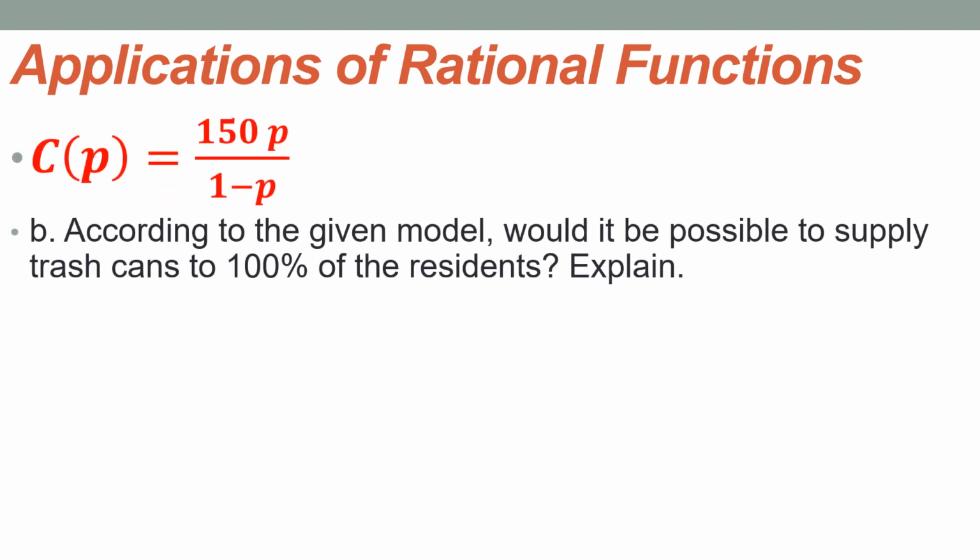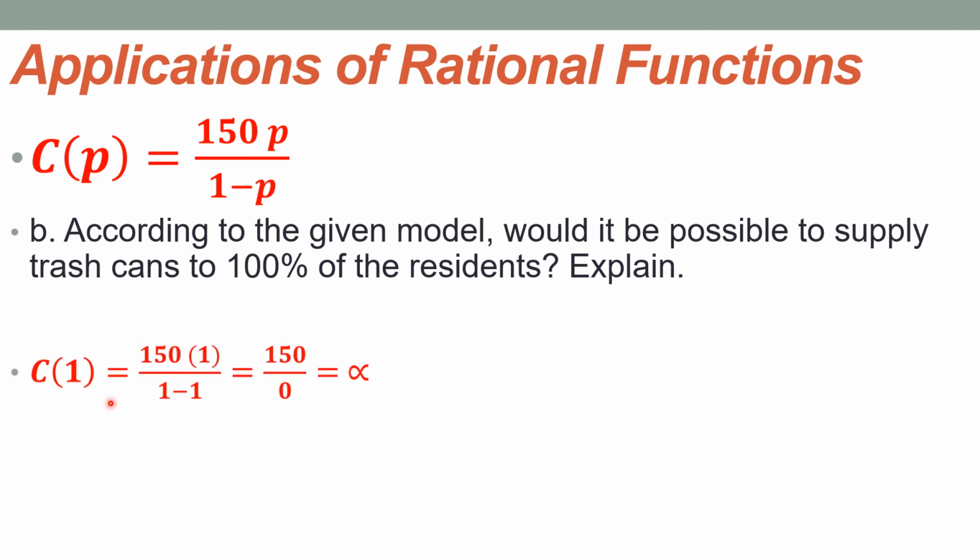In this particular model, would it be possible to supply trash cans to 100% of the residents? You're going to explain why. Since we can't operate using percentage, we're going to transform it into its decimal form. The decimal form of 100% is 1. So we are going to compute for C of 1.